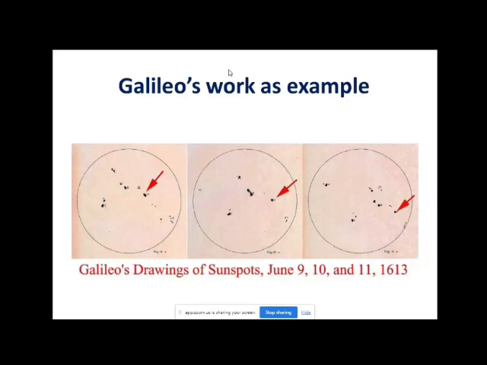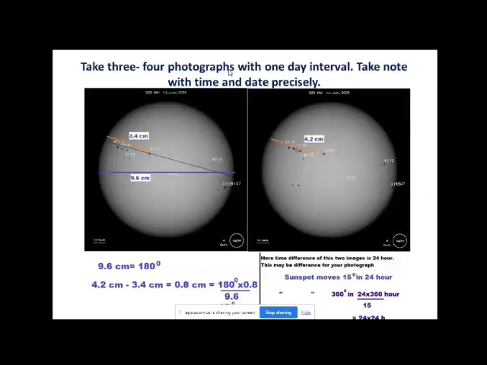So don't worry, just take 2, 3, 4 photos, print out the sun with the sunspot, and find out the angular shift or the linear shift. The printing properties should also be the same, meaning the margin, zooming, etc. Everything should be the same at the time of printing.